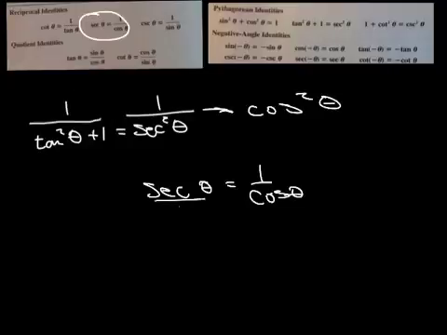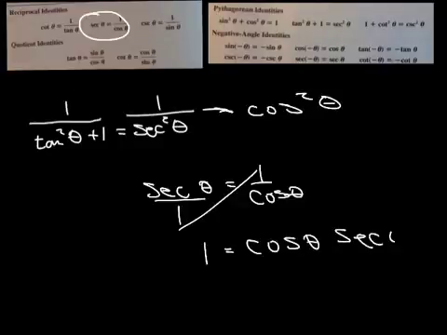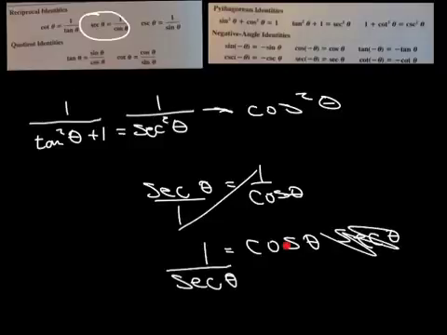If I put that as a fraction and cross multiply, I get 1 equals cosine theta times secant of theta. If I divide this by secant, I've got cosine of theta equals 1 over secant. So even though secant equals that, cosine equals that, and that's what I've got here.